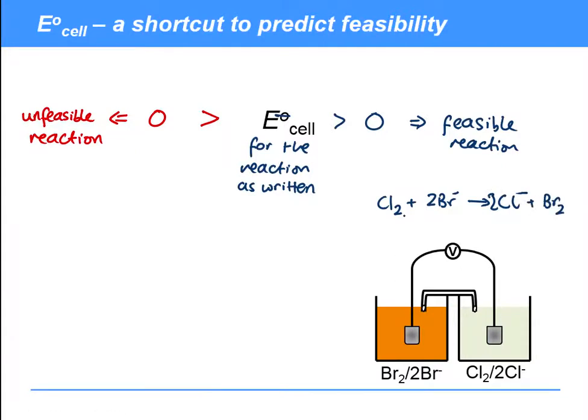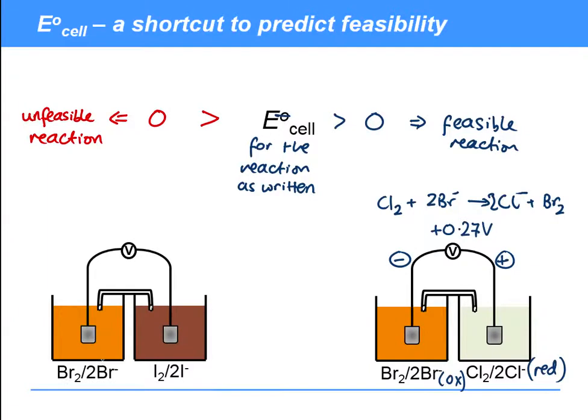In that reaction we want chlorine to be reduced, so we're going to set chlorine as being the positive electrode, and because we want bromide to be oxidized, we're going to say that that's the negative electrode. If we do that and we find, as we did here, plus 0.27 volts for the potential difference between these two, then we were correct in putting chlorine as the positive electrode, and therefore this reaction will happen as we thought.